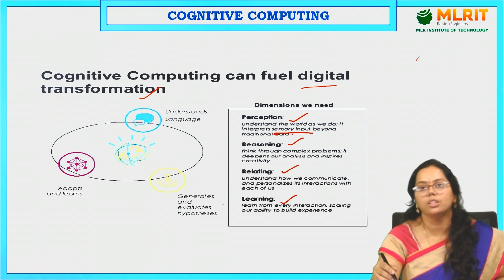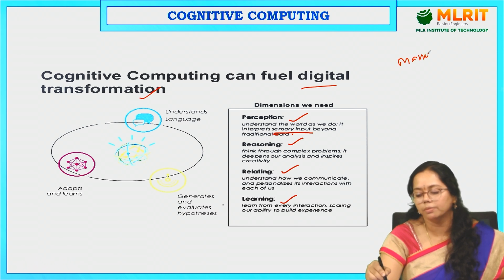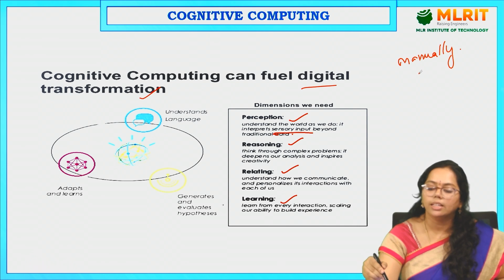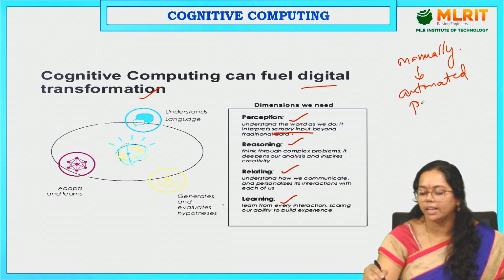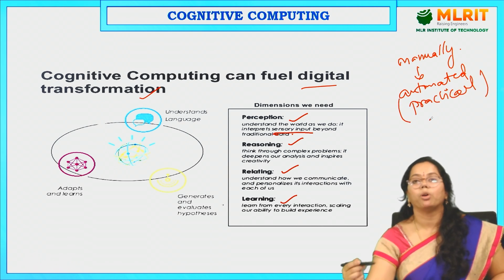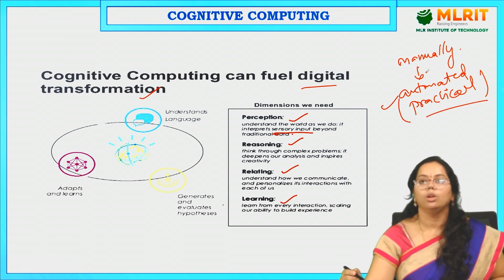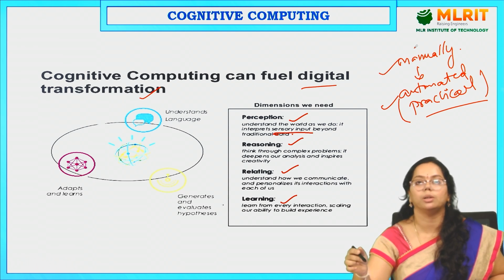What is traditional data? Traditional data is something where you have everything manually. The other, advanced thing is where you have everything automated or practical. You do projects practically is the advanced level. You do projects manually or you do teaching manually is the traditional method.